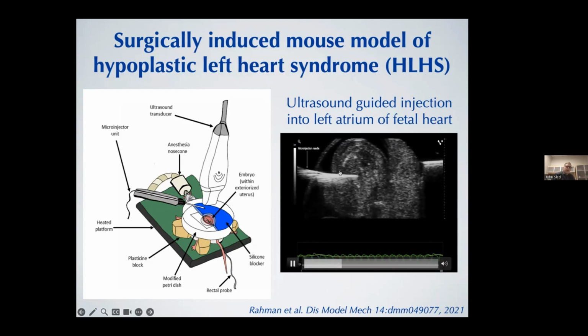Here's an ultrasound scan on the right where we're seeing the glass cannula and the fetal heart in a 4-chamber view. If you put on your ultrasound glasses, you might be able to see the shear thinning biomaterial squirting out into the left atrium, but I will forgive you if you can't see that.